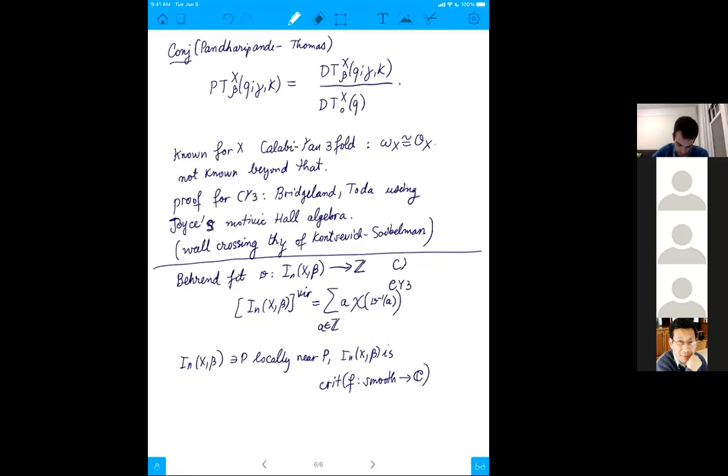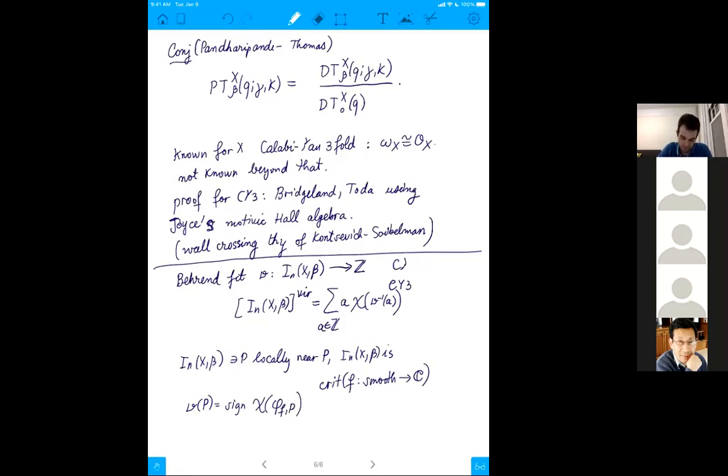And this Behrend function at P is, up to a sign, the Euler characteristic. So since it is the critical locus, we have a natural sheaf using this description, namely the vanishing cycles of f. If we take its stalk at P and its Euler characteristic, we get this Behrend function.